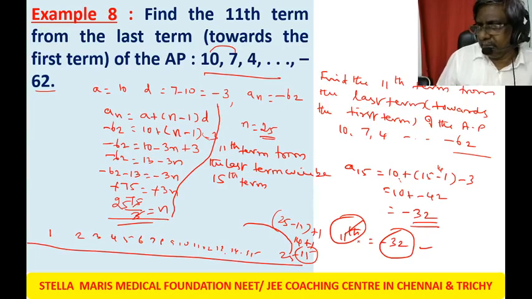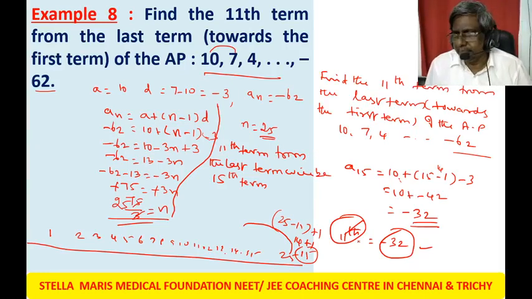I'll explain to you again. Snehit, okay? I'll explain again. See, find the 11th term from the last term towards the first term. You forget those. Okay, no problem, Babu. I'll wait. Okay. Please copy it.